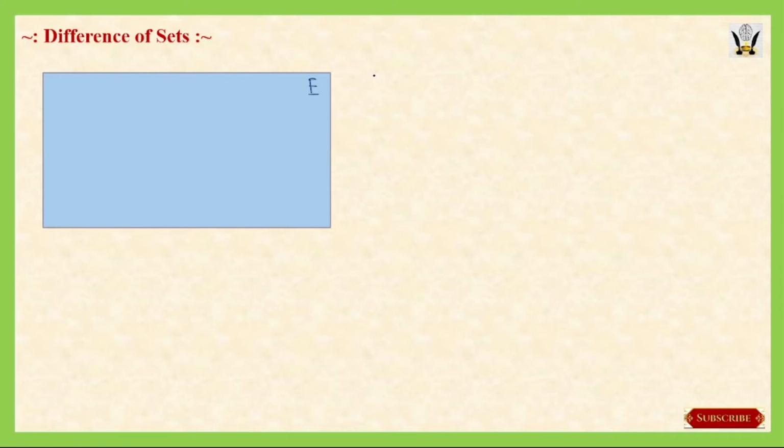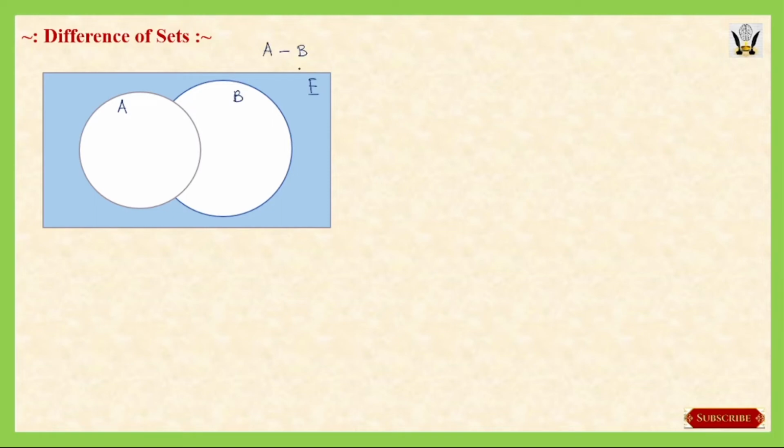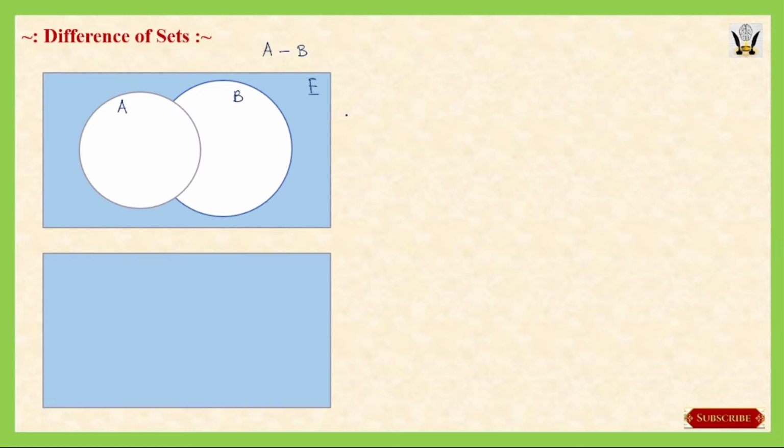Say this is our set A and this is our set B. First we will perform the difference operation between A and B, and then next between B and A. So in the second case, we will take the universal set, which is E again, and again represent two sets, this is our A set and this is our B set.